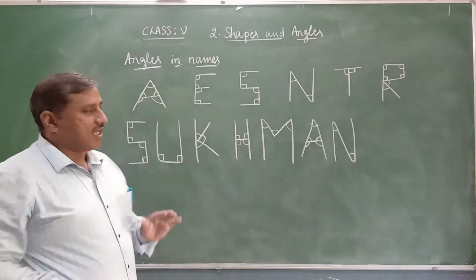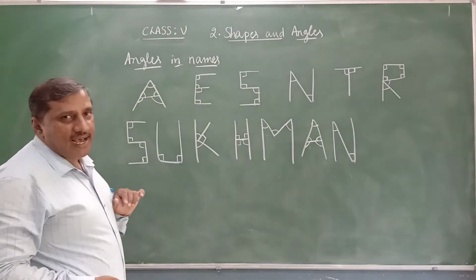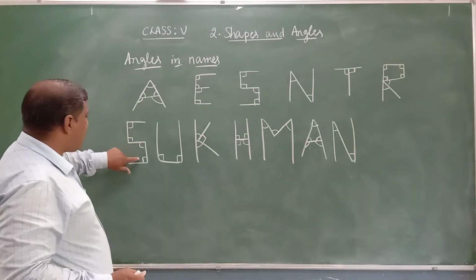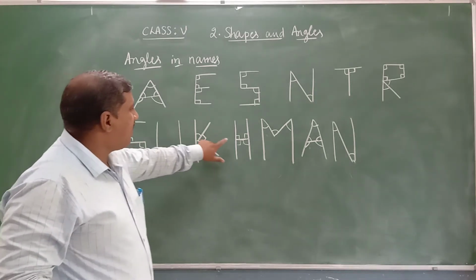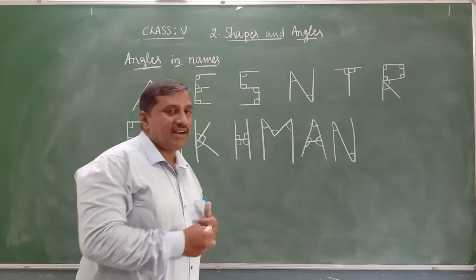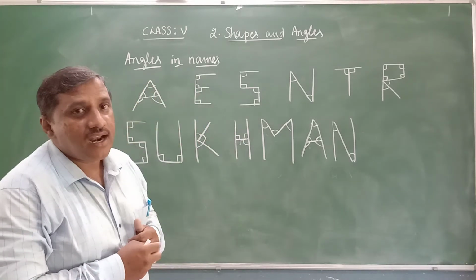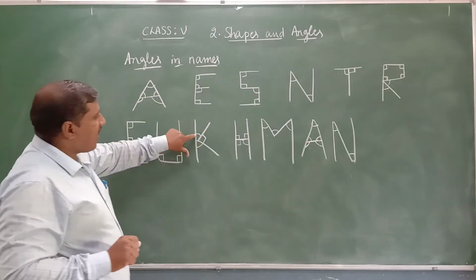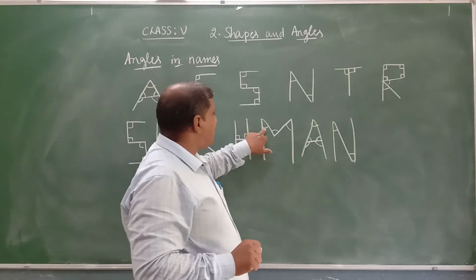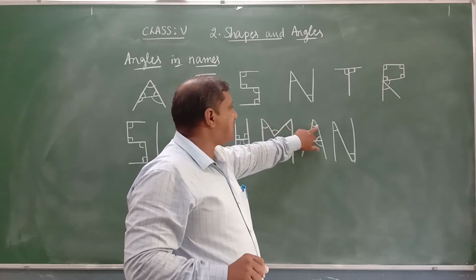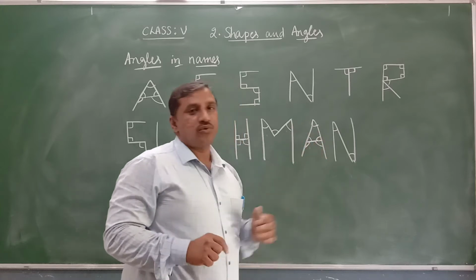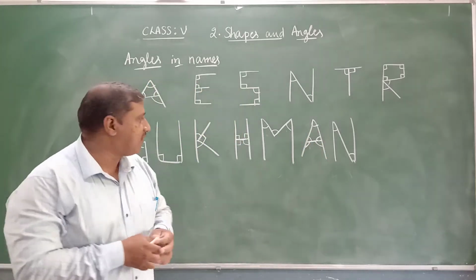Like this, the name has 11 right angles. Count 1, 2, 3, 4, 5, 6, 7, 8, 9, 10, 11. 11 right angles and 10 angles less than a right angle, that is, acute angles. 1, 2, 3, 4, 5, 6, 7, 8, 9 and 10. And 2 more obtuse angles we also find.